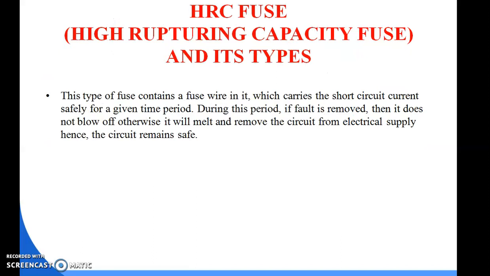This type contains a wire which carries the short circuit current safely for a given time period. If the fault is removed during that period, it does not blow off. Otherwise, it will melt and remove the circuit from the electrical supply. Hence, the circuit remains safe.